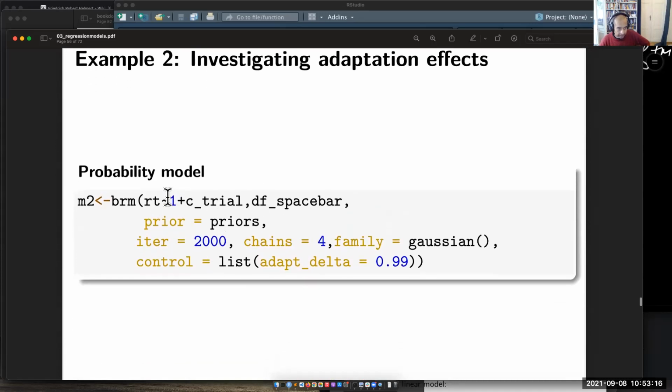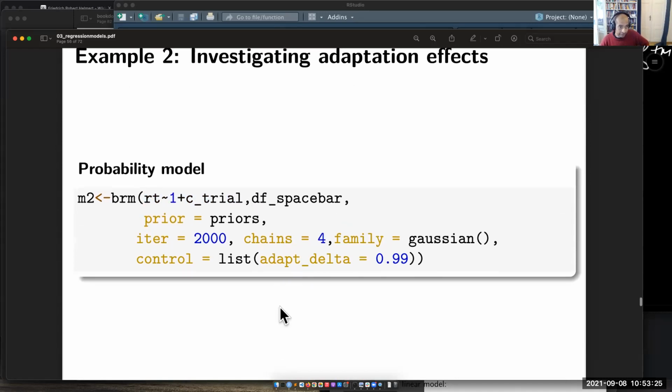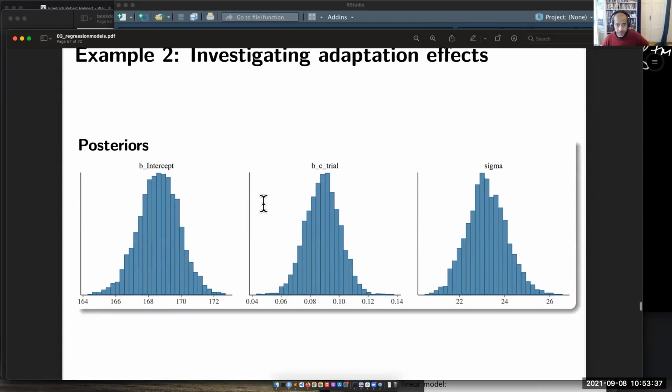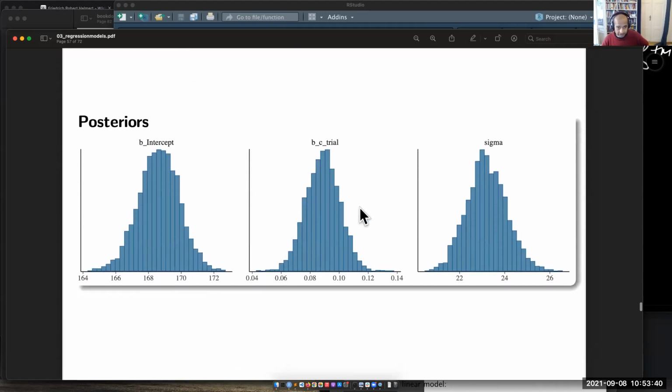I fit the model simply using the same syntax as in linear models. This is just a linear model right now with the actual data. As a result, I'm going to get 3 posterior distributions now, not 2: the alpha posterior, the beta posterior, and the sigma posterior. This is on the millisecond scale, and what we are seeing here is that the values are very small.